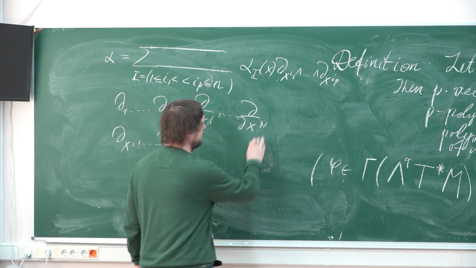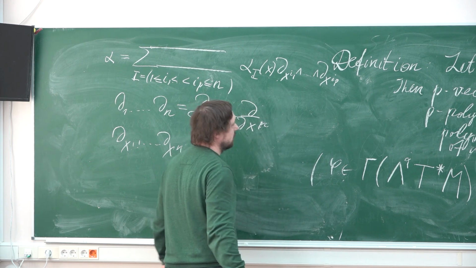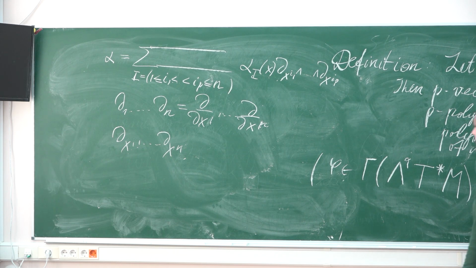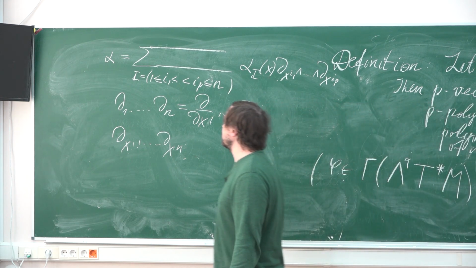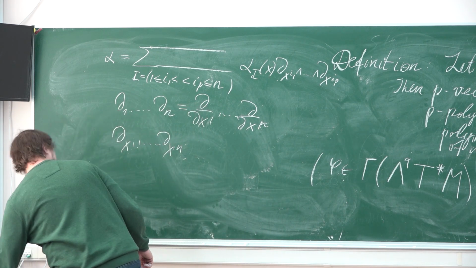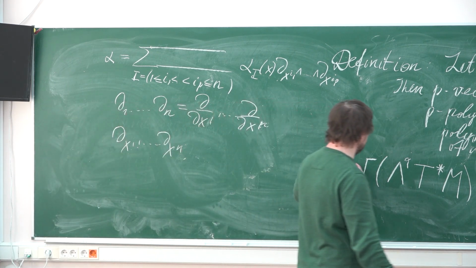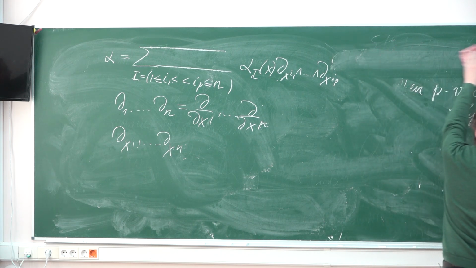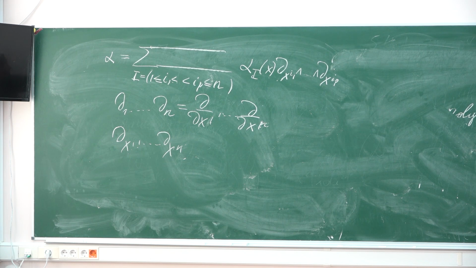So whatever you prefer, they're all the same. So these partial derivatives represent the canonical basis of a tangent bundle associated with some local coordinate system in M.